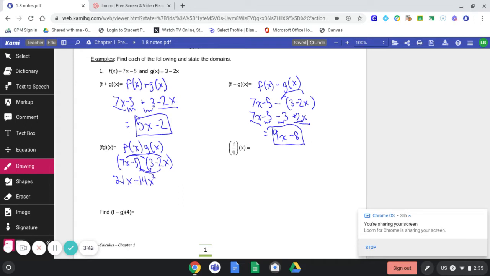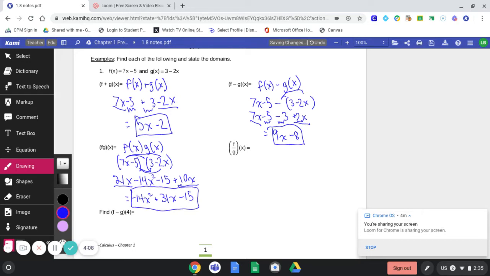Now I distribute the negative 5, and we get negative 15 plus 10x. And now we combine our like terms. 21x, sorry, not an x squared. That is just an x here. There you go. 21x, and then plus our 10x will give us our 31x, and then our minus 15.